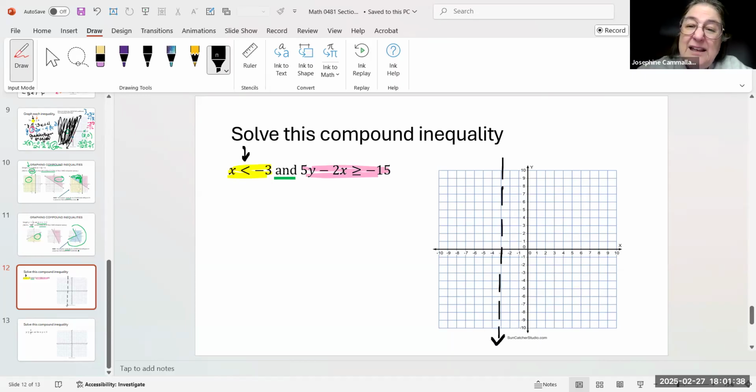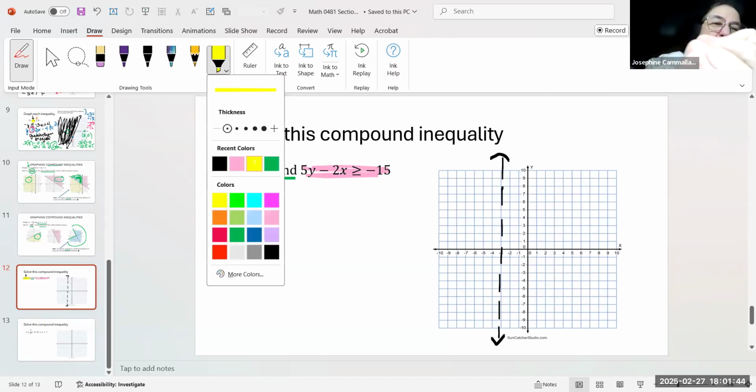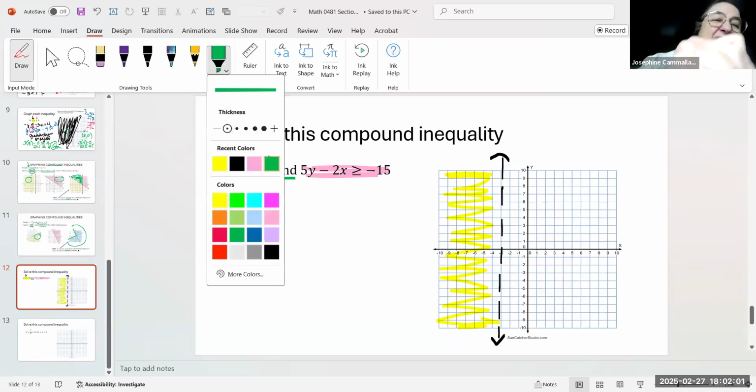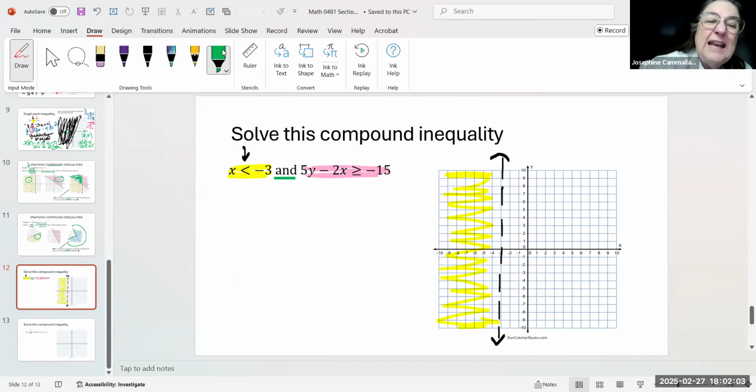It's on -3. This is a vertical line. And what's less than that line? Well, it's going to be everything over here. Well, then, now solve for y.